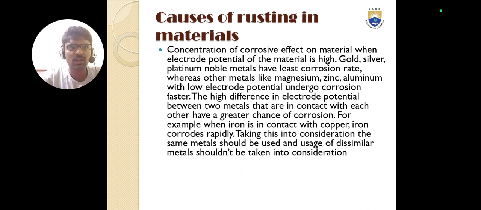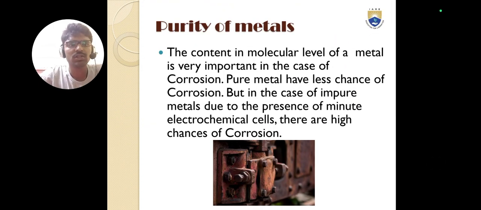Taking this into consideration, the same metal should be used and usage of dissimilar metals should be avoided. So basically, one of the causes of corrosion is the purity of that metal.